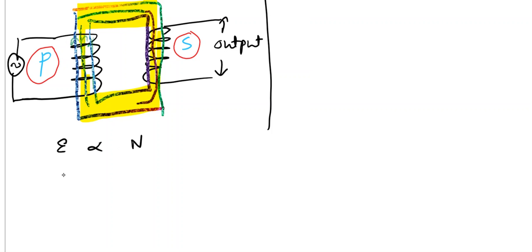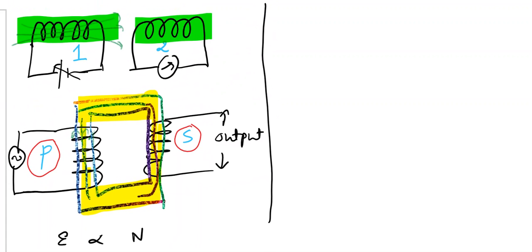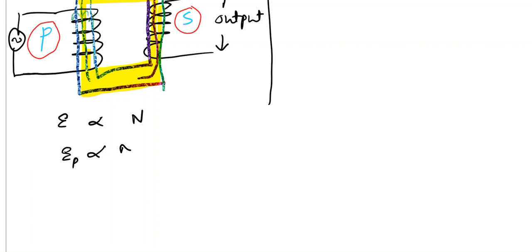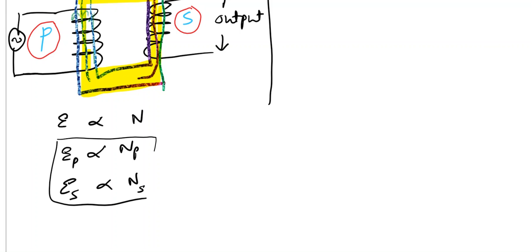So if I am talking about the primary coil, whenever you have induction in the secondary coil, it is going to affect the first one also. So induction in the first coil depends on the number of turns in that coil. Similarly, induction in the secondary coil depends on the number of turns in that particular coil. So this is one way of expressing the relation of voltage and number of turns.